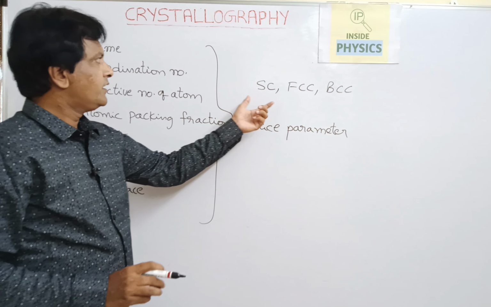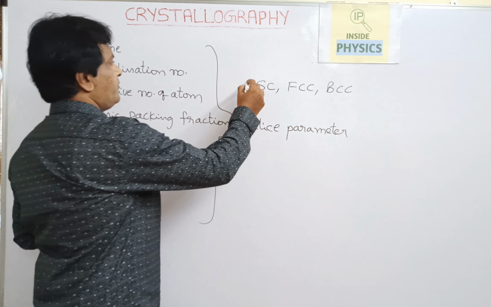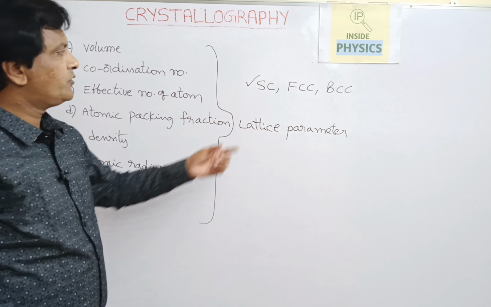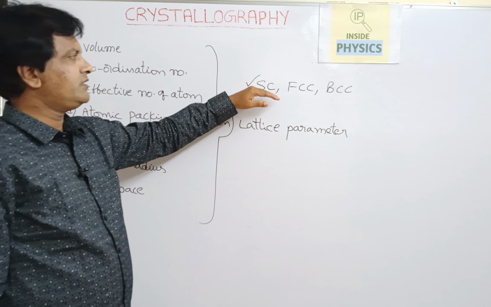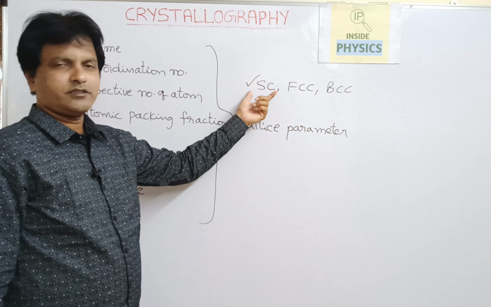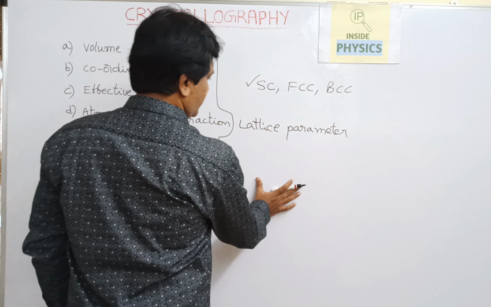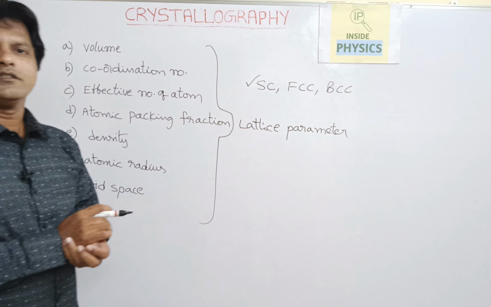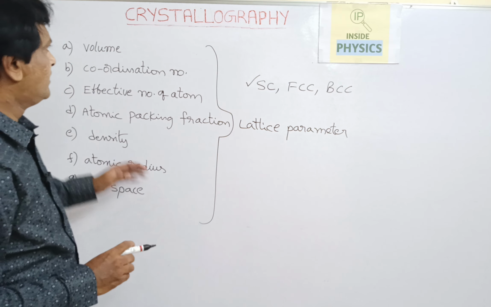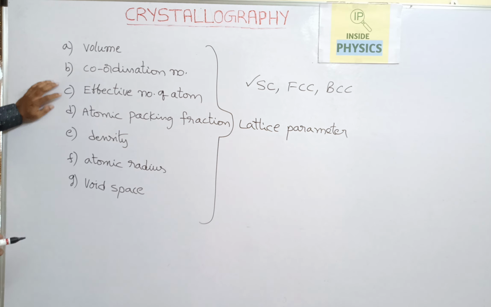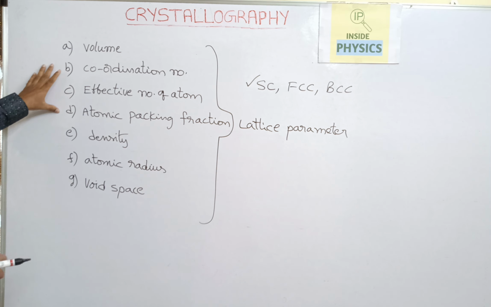Of these three, we will calculate the parameters for a simple cubic structure in this session, since it is relatively easier. And what is a cubic structure here? We will imagine a cube with a side length A, and one by one we will try to get the idea of how we will get these parameters.